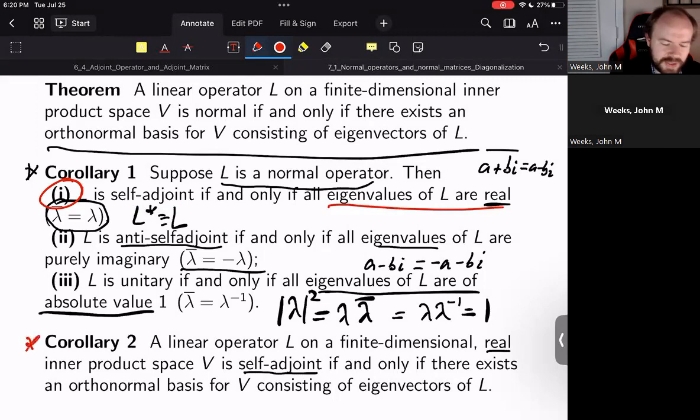So this kind of characterizes our notion of when we can have a basis consisting of eigenvectors of our matrix. And it happens whenever we take our linear operator and turn it into its matrix in a finite dimensional real inner product space. If we look at it and say, oh, the transpose of this matrix is itself, then we know there exists this basis for V, or more clearly, an orthonormal basis for V consisting of these eigenvectors for L.